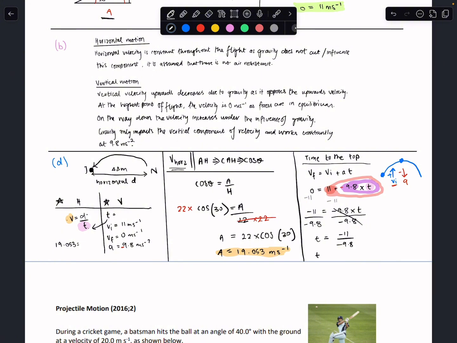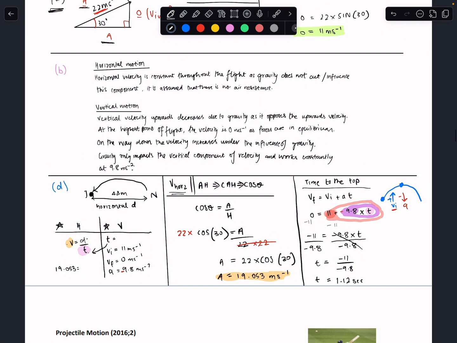And our time to the top, according to these calculations, is 1.12 seconds. But remember, this is the half time. This is the time to get to the top. We need to figure out the total time to get to the top and to the bottom. So because this is a symmetrical projectile motion, we could times the time taken to get to the top by 2, and we double it to find the total time.